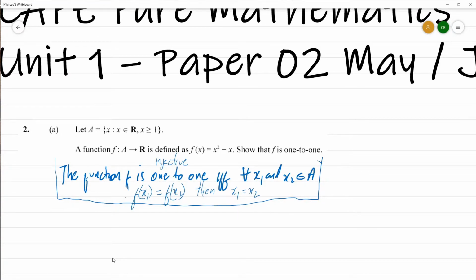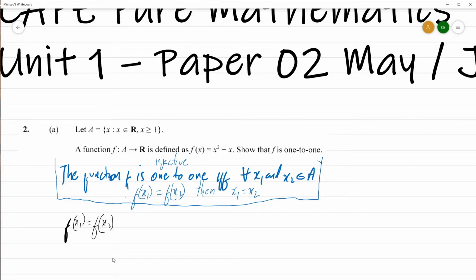Right, so in order to do that, we will start off saying that f of x1 is equal to f of x2. We will have to end up showing that x1 is equal to x2, and if that is the case, then the function x squared minus x is 1 to 1 or injective.